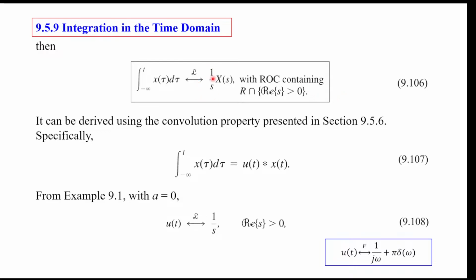Where does the 1 over s go to infinity? Well, you say s equal to 0. Yeah. And so at s equal to 0, 1 over s equals infinity. So this 1 over s term gives us a pole at s equal to 0. That's why we need to take this intersection between R and Re(s) greater than 0. So Re(s) greater than 0 is the ROC of 1 over s.